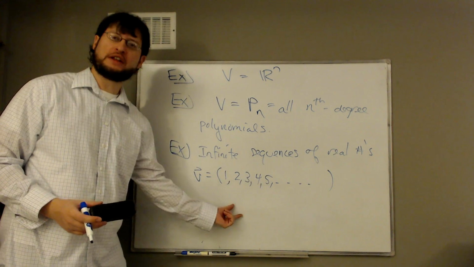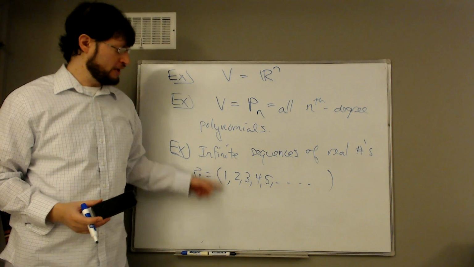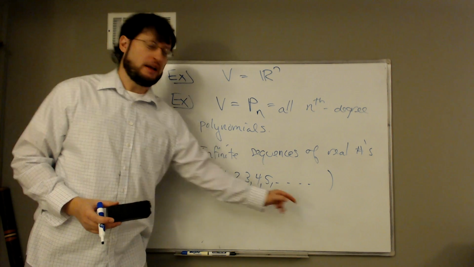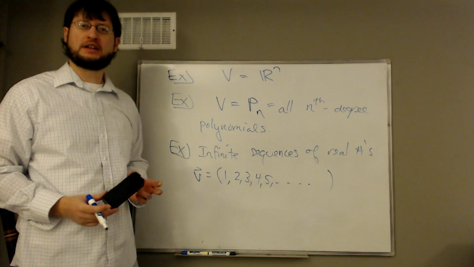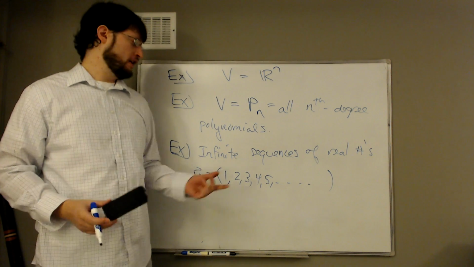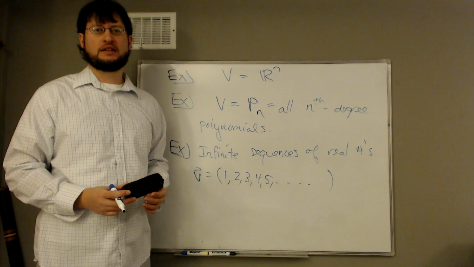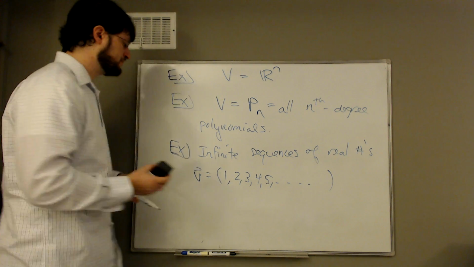If I had two different infinite sequences of real numbers, there's a pretty obvious addition. Just add up piece by piece, component by component. And I can also scale the whole thing, and I get an infinite sequence of real numbers. So we have a set, we have an addition, and we have a scaling. And those things together make for a vector space.